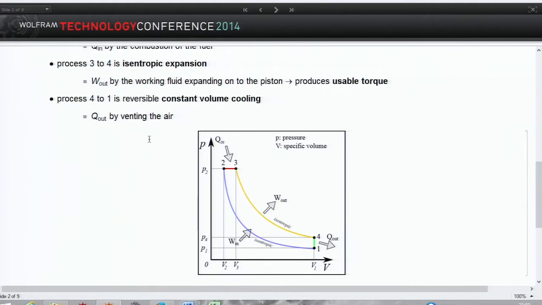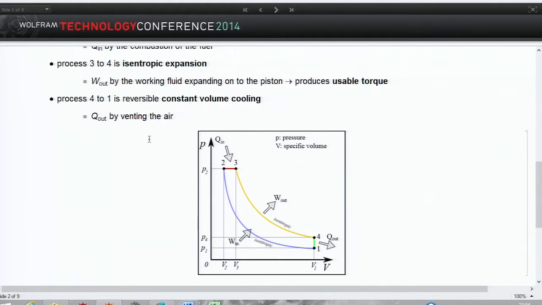There, the fuel is injected into the chamber, and then the fuel expands. The next part is the expansion of this fuel. In state number 3, there is expansion, and this is a very important part.